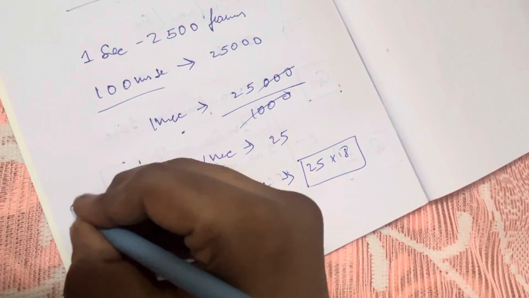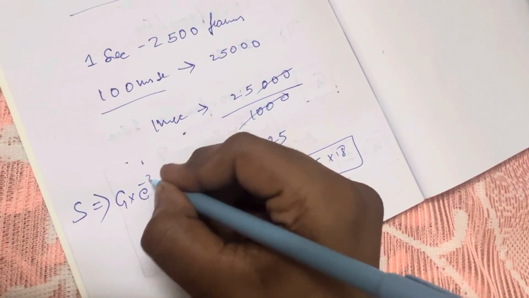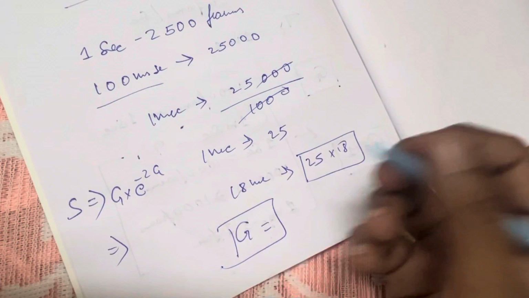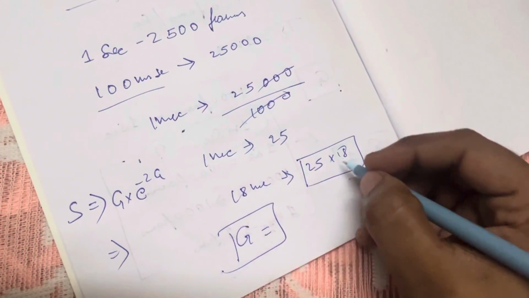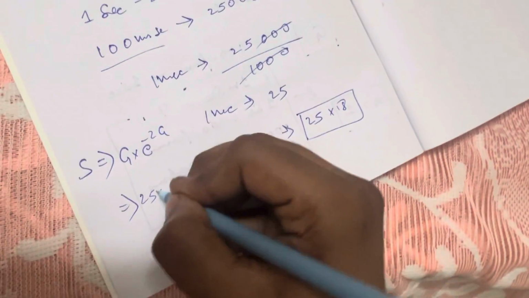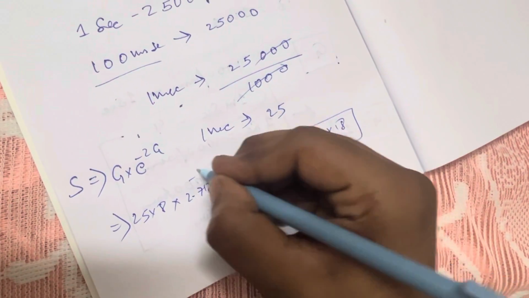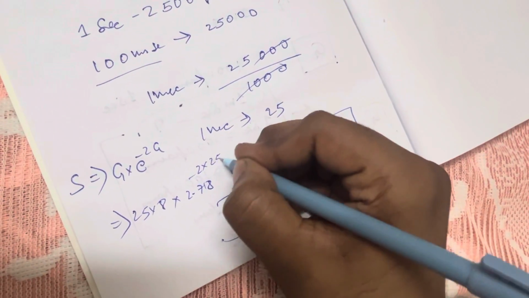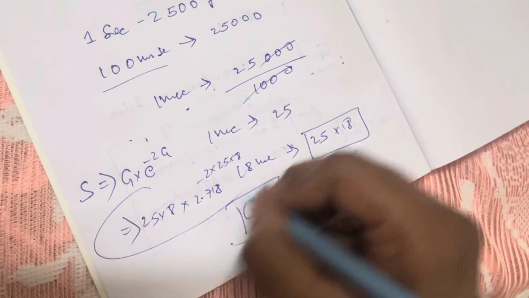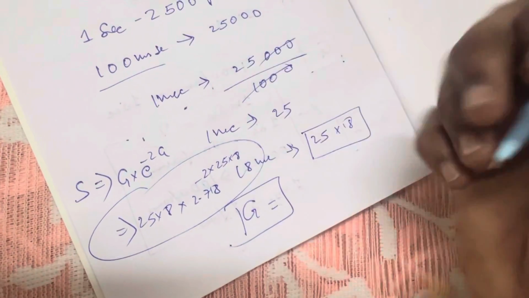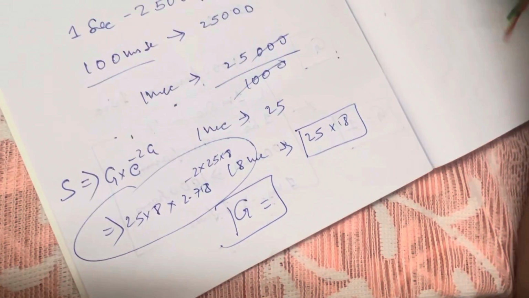S equals G into e power minus 2G. So then G, what is G? G is 25 into 18. 25 into 18 into 2.718 power minus 2 into 25 into 18. So if we find this value, we'll get the throughput.